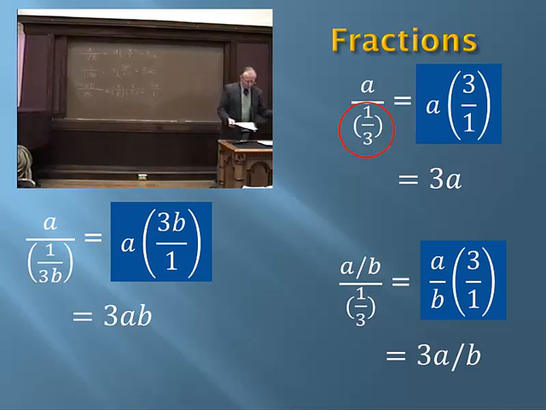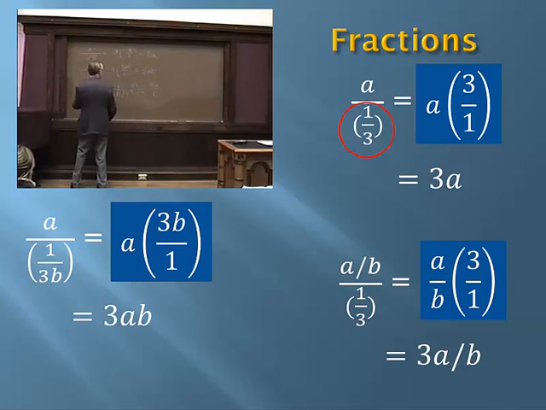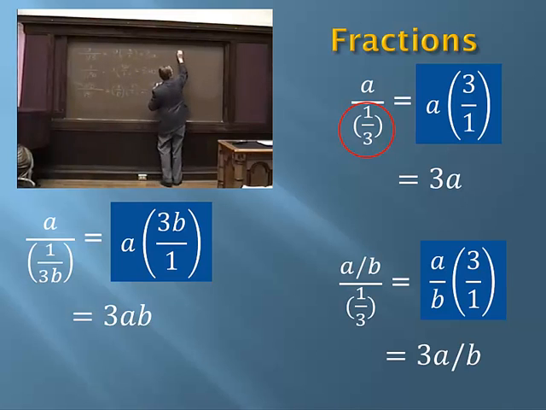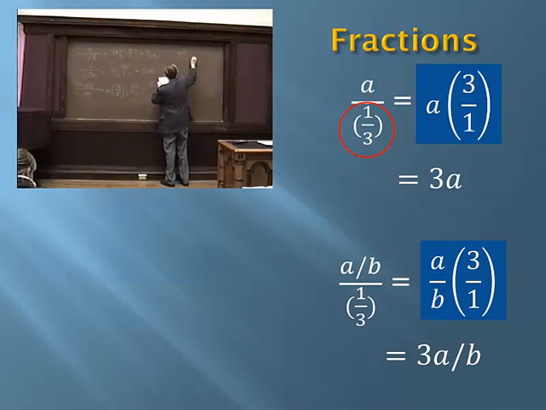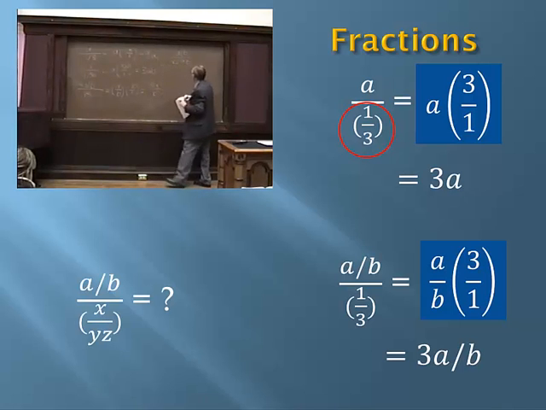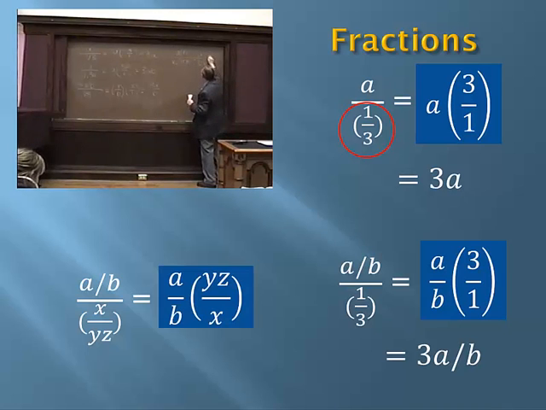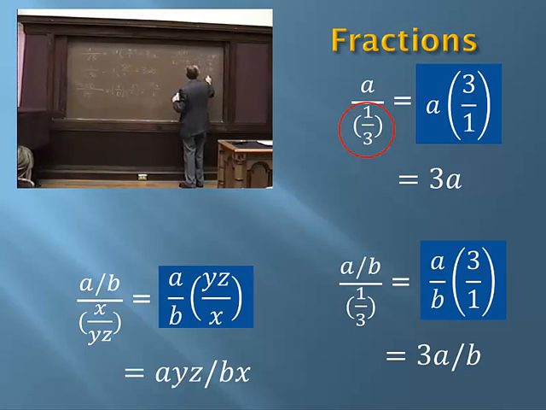Okay, the next question on the quiz, let's solve this one. We have A over B over X over YZ. I think you've seen the pattern. That's the same as A over B, it's on the top, times flipped over, YZ over X, which is AYZ over BX.